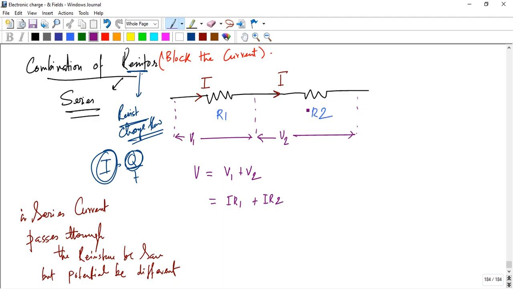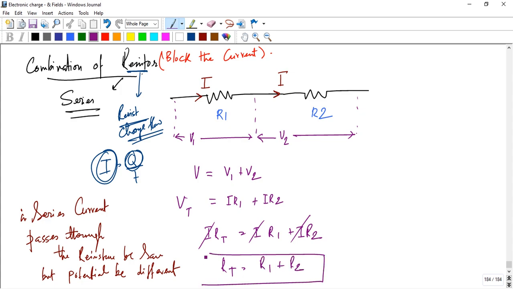The total is VT, which equals I times RT, so I R1 plus I R2. The common I cancels, so you get RT equals R1 plus R2.